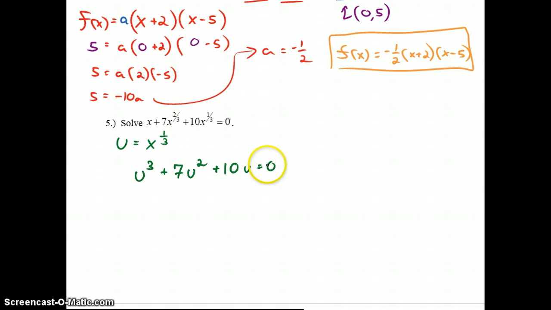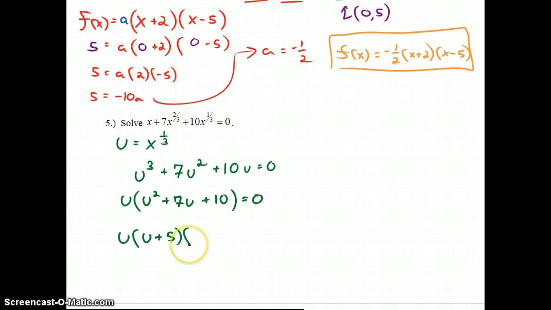This all is equal to 0. At this point I can factor out a u, so I'm left with u squared plus 7u plus 10 equals 0, and I can probably factor that to get u times u plus 5 times u plus 2 equals 0.